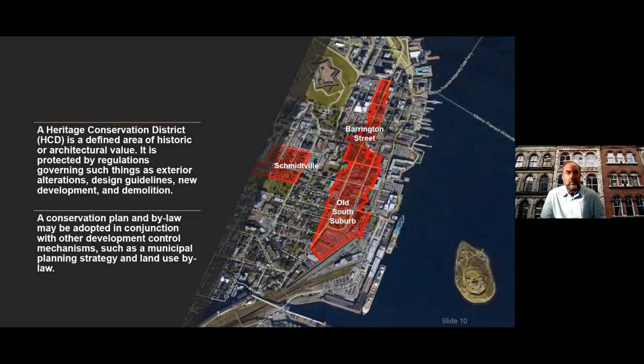Barrington Street contains 20 registered heritage buildings and 20 unregistered heritage buildings that are protected from things like demolition or inappropriate alteration. And the Old South Suburb contains 40 registered heritage buildings. In addition to that, it contains 25 unregistered heritage buildings, which are now protected indefinitely from demolition.